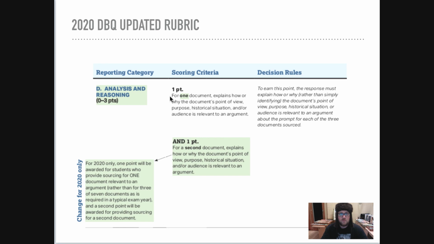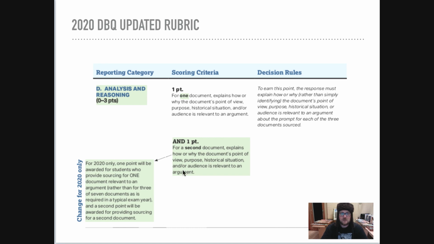To get 1 point, in previous years, you would have to use 3 of the documents to do this. For this year, you only have to use 1 document. So for 1 document, explain how the document's point of view, purpose, historical situation or context, and audience is relevant to the argument. Again, this is called the POV plus. So you have to do this for 1 document.